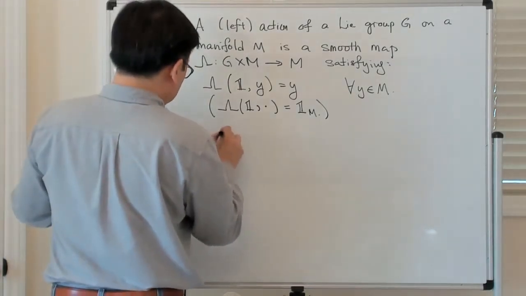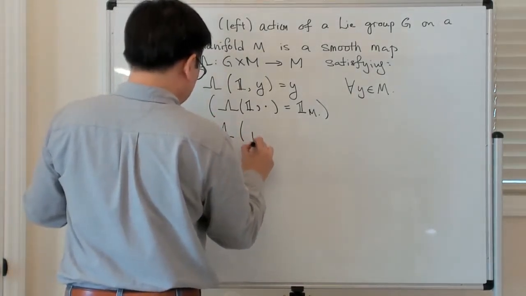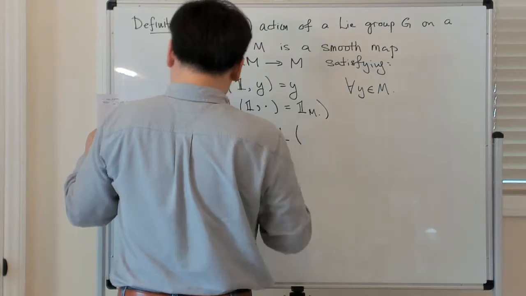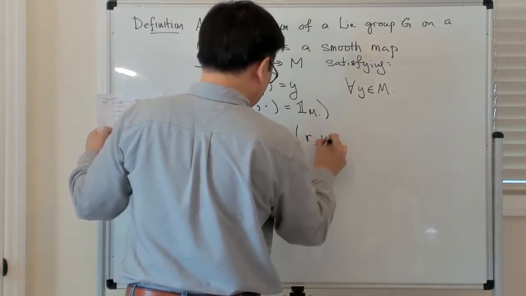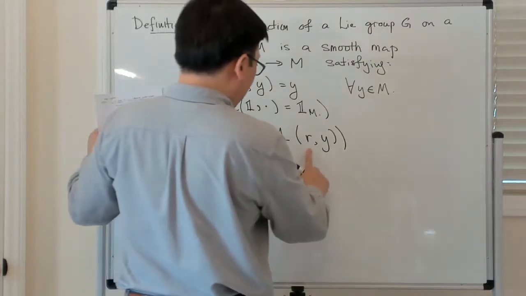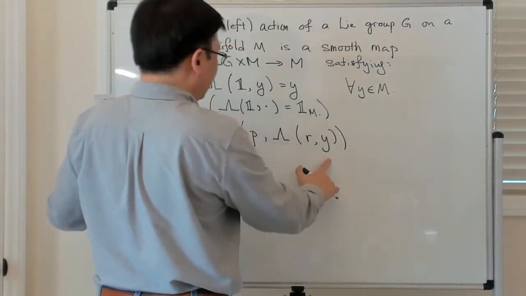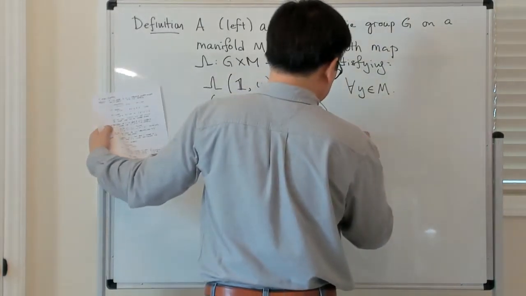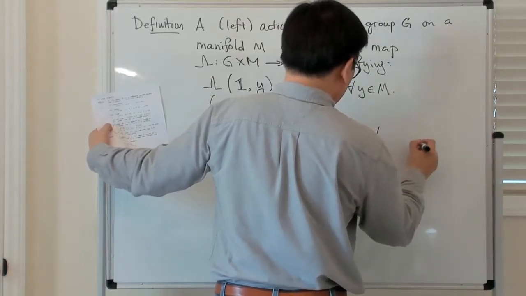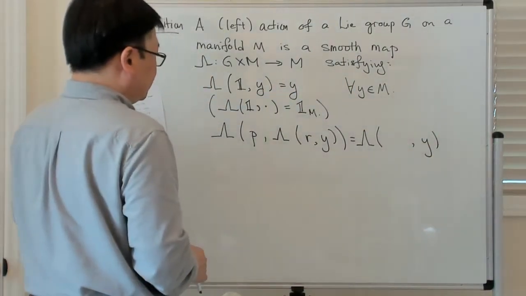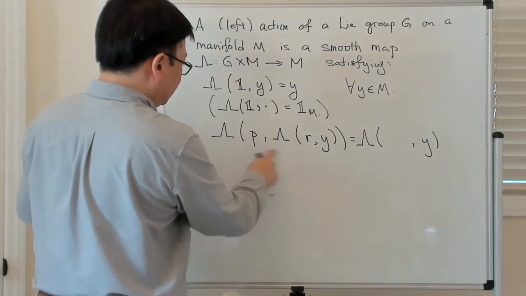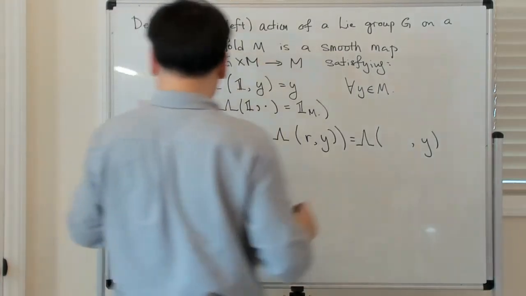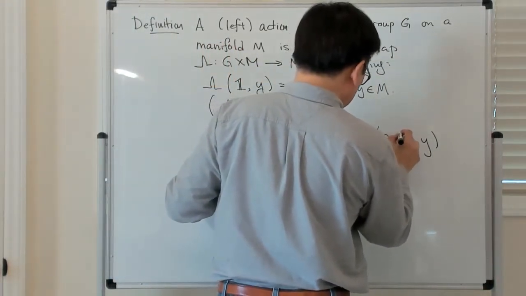So if you take a group element P acting on the action of R on a point Y, you first have R act on Y, then you have P act on whatever this is. You should be able to write this as the action of something on Y. What you would like is that it has to do with the composition of P and R in the group. So this is P dot R.